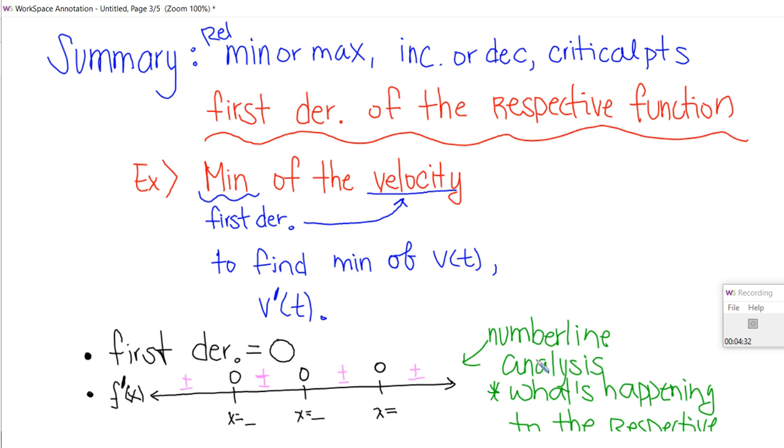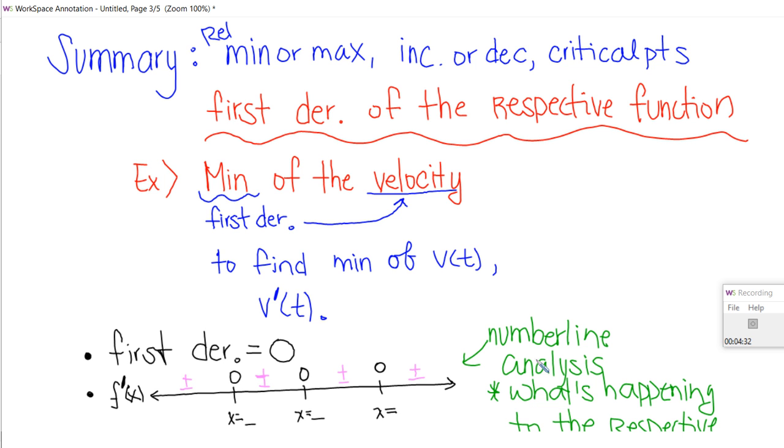So as long as you know these steps, the rest of it you can just sit there and play with some algebra. Just keep telling yourself, if it's min, max, increasing, decreasing, or critical points, we are taking the first derivative of the respective function, whatever the function is, and that first derivative of that function gives the minimum or maximum of the value.